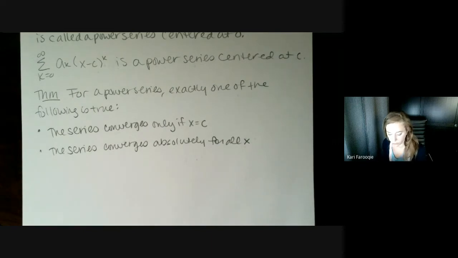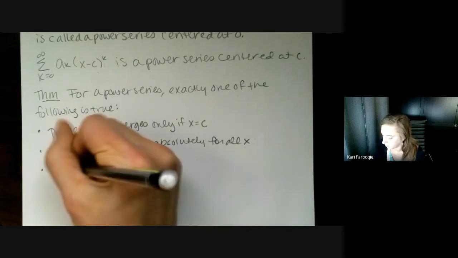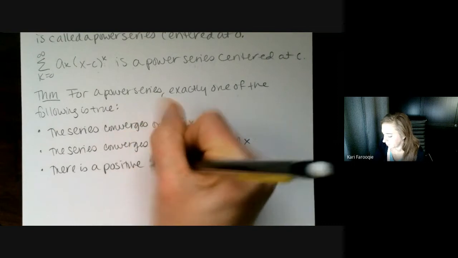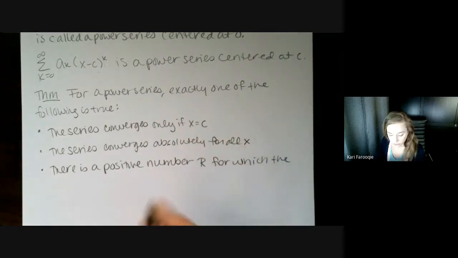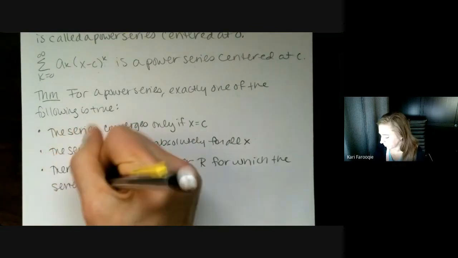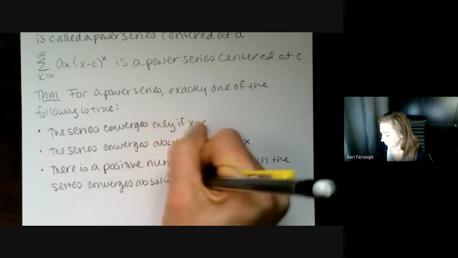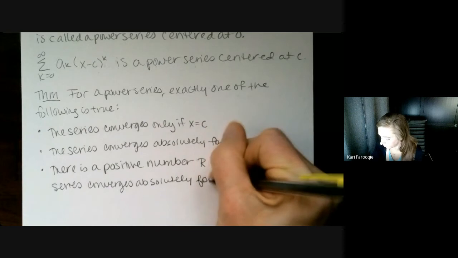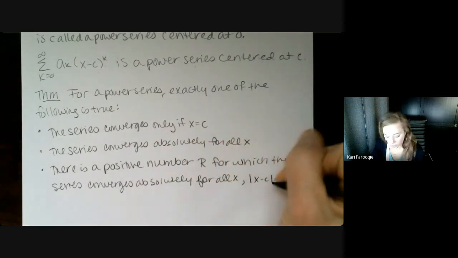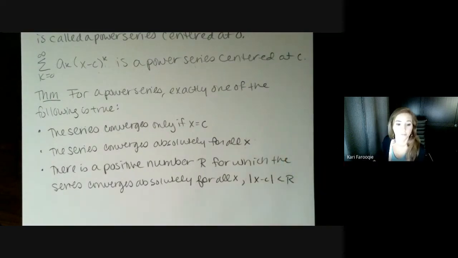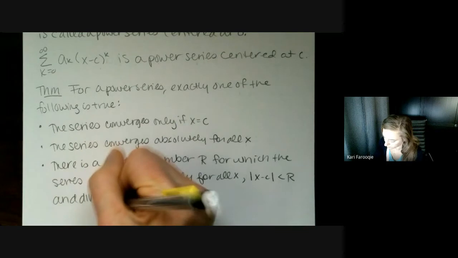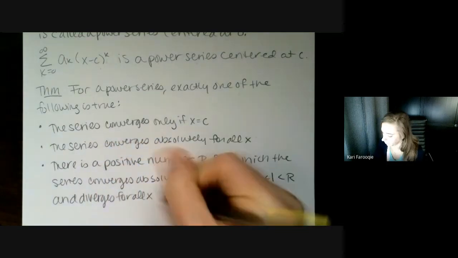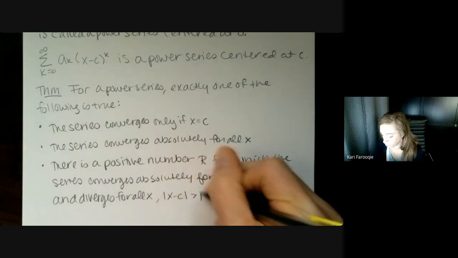What you're going to see most often, though, is that there's going to be some positive number r for which the series converges absolutely for all x, as long as the absolute value of x minus c is less than r, and diverges for all x such that the absolute value of x minus c is greater than r.